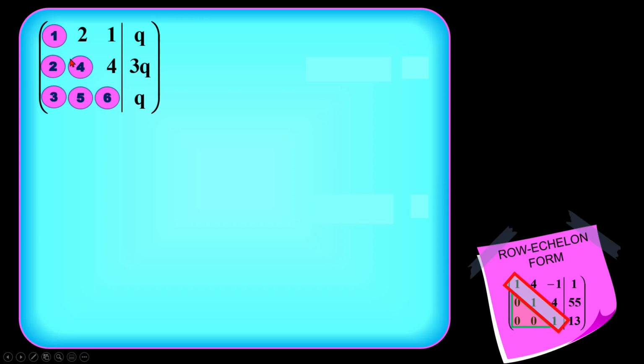So once we get one whole row of 1s and 3 zeros, then we will already reach our row echelon form. However, if we want to get into reduced row echelon form, we will follow up with this number 7. We will transform that to 0. And step number 8, where we transform it into zeros also, and step number 9, which will also be transformed into 0.